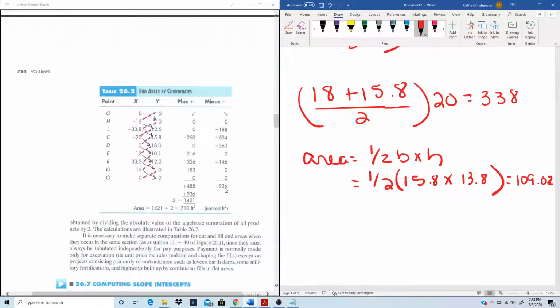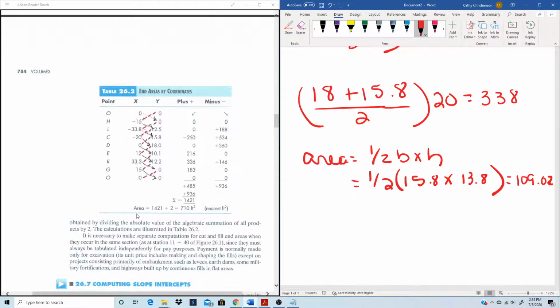And for the minuses, they actually got a plus 436. If you add those two together, because that's what you're going to do, you get a total of 1421. But remember the formula is 2 area equals, so you have to divide that by 2. If you get a negative area, you just drop the negative off, because an area can't be negative.